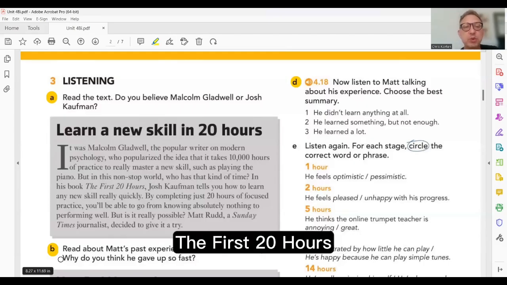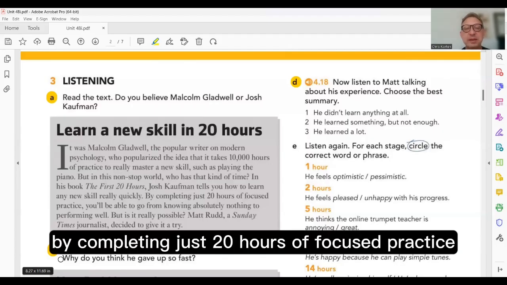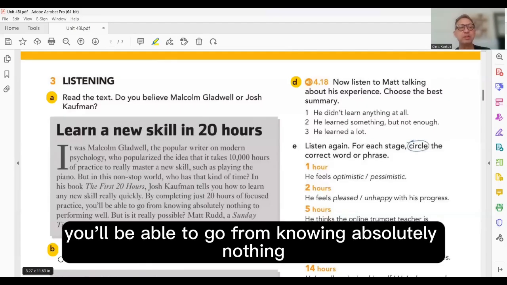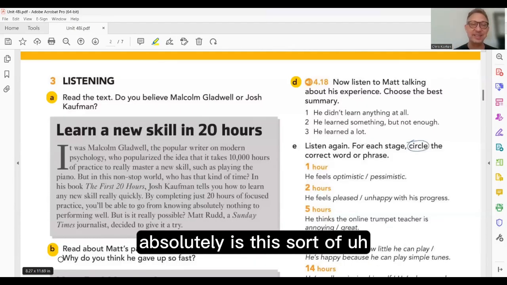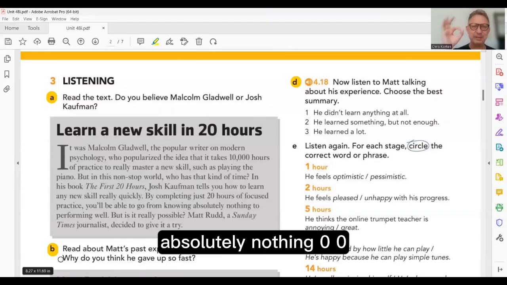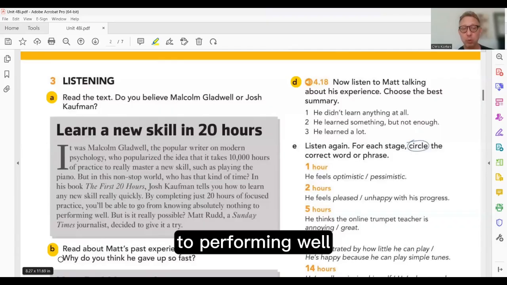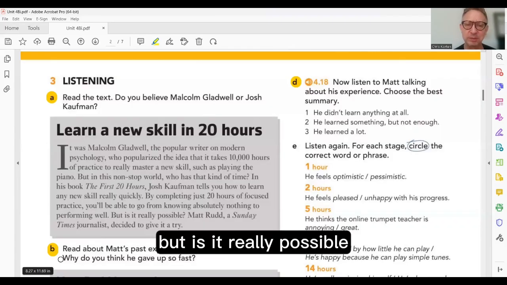In his book, The First 20 Hours, Josh Kaufman tells you how to learn any new skill really quickly. By completing just 20 hours of focused practice, you'll be able to go from knowing absolutely nothing. Absolutely underscores the fact you know nothing. Absolutely nothing, 0, to performing well. But is it really possible?